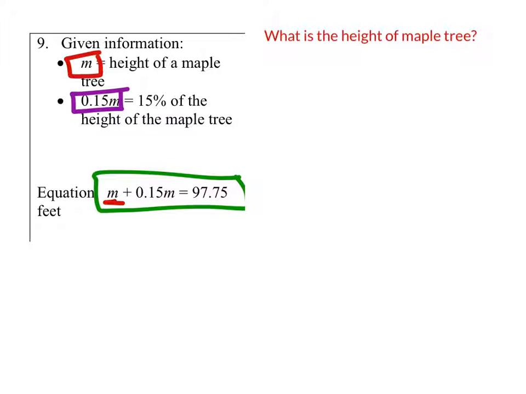Well, we got M is the height of the maple tree. Then we got, it's being added. And if we said this in words, we got the height of the maple tree plus 15% of the height, which is 97.75 feet. So let's specify these in the words up and count. So what that means is that the tree has grown because we're adding that height.